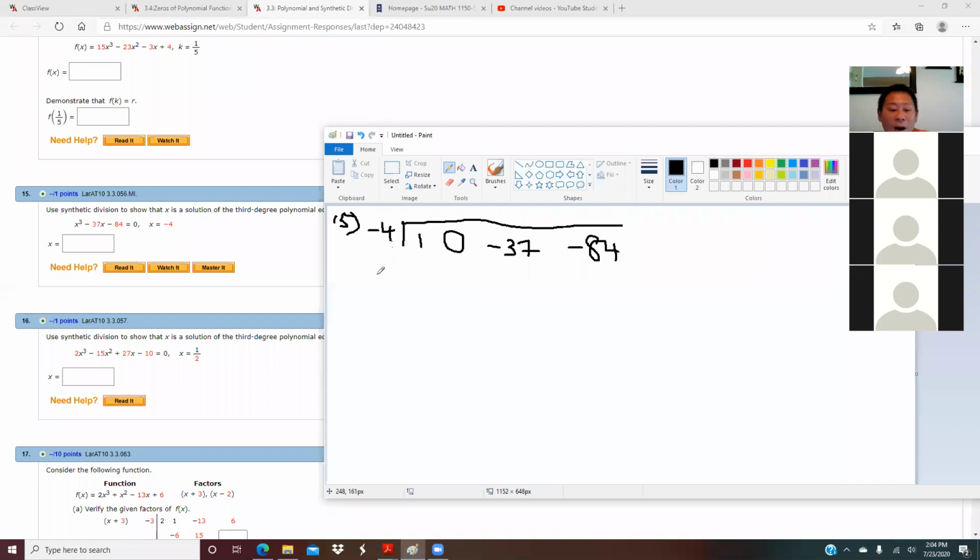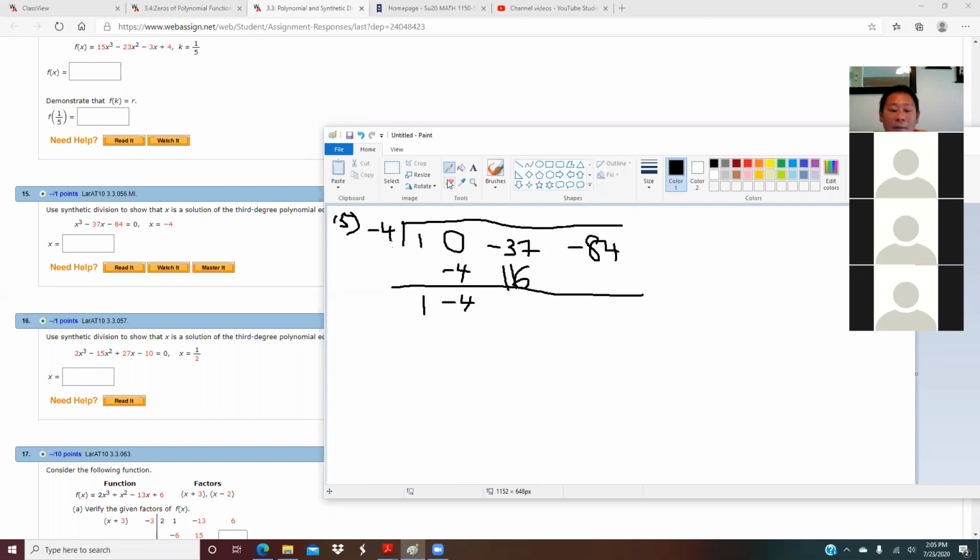Yep. So now synthetic division this. You drop the 1. Multiply this, negative 4. Put it up here. Add this, negative 4. Multiply this, becomes 16. And add this.